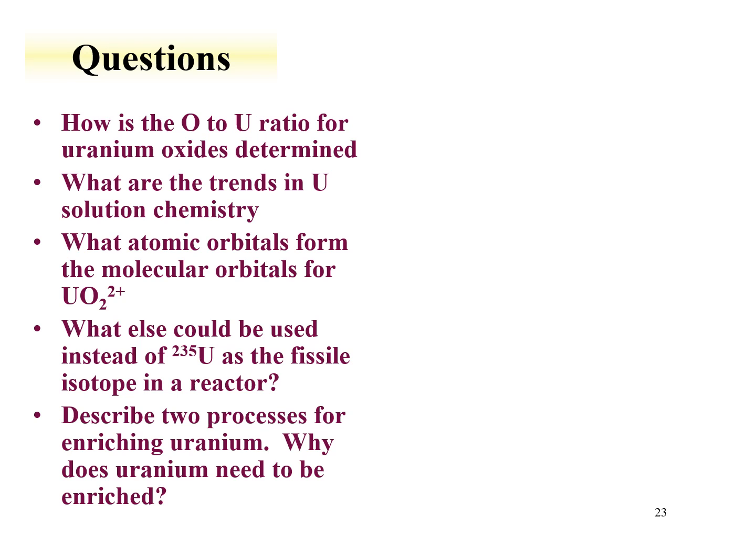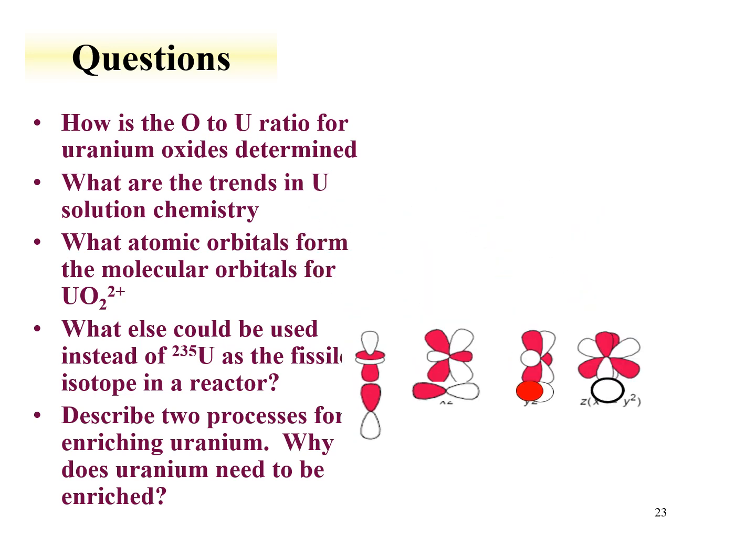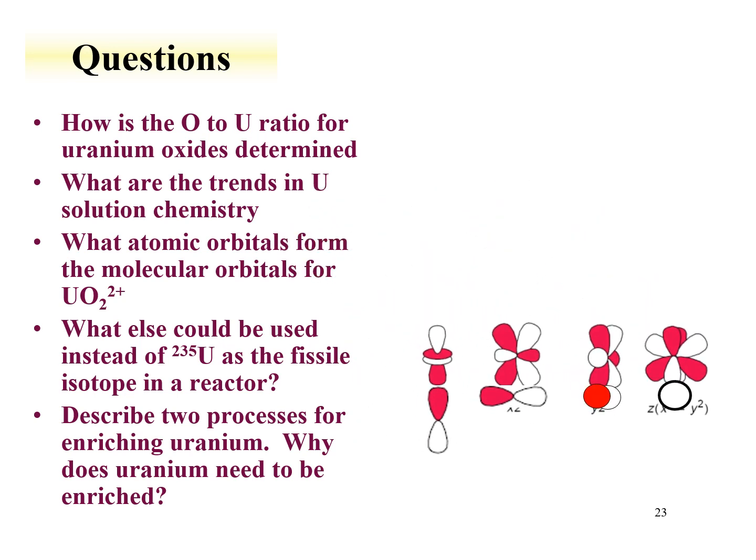What are the atomic orbitals that are used to form molecular orbitals for UO2? Those are shown here. These are just the 5f electron orbitals that have overlap with the oxygen p orbitals, the p z, and the oxygen s orbitals.